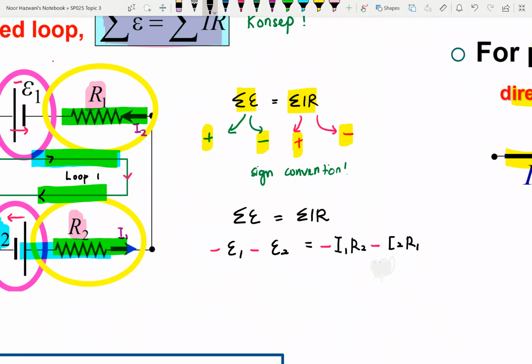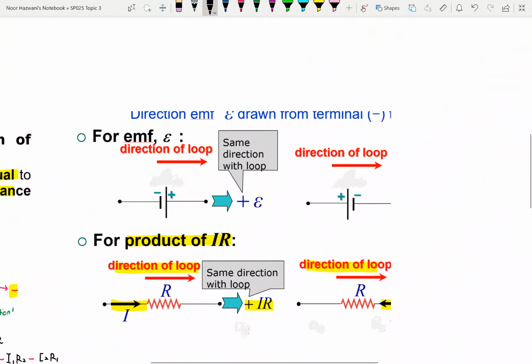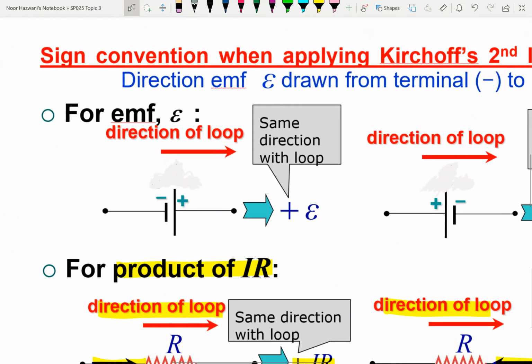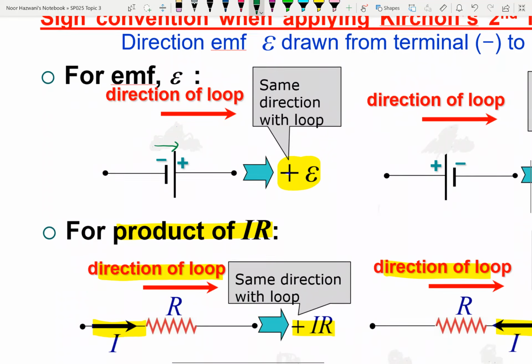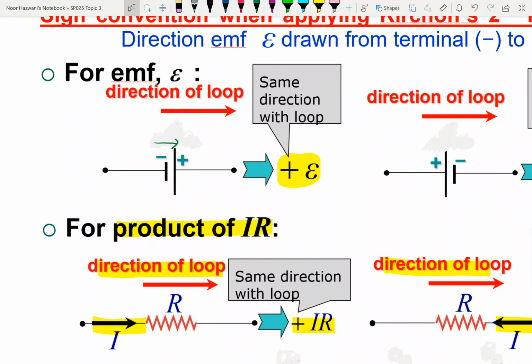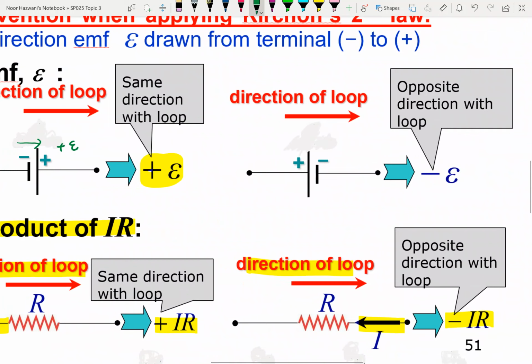Okay. So, in summary, kalau untuk EMF, kalau you nak tahu dia positif ke negatif, you kena tengok arah loop sahaja. So, kalau loop you pergi daripada pendek kepada panjang, terminal bateri, kaki pendek ke panjang, so akan jadi positif EMF. Tetapi kalau arah loop you pergi daripada panjang kepada pendek, so dia akan jadi negatif EMF.